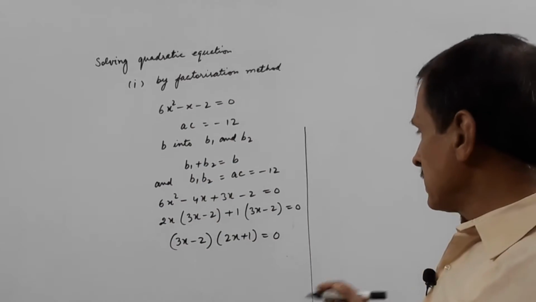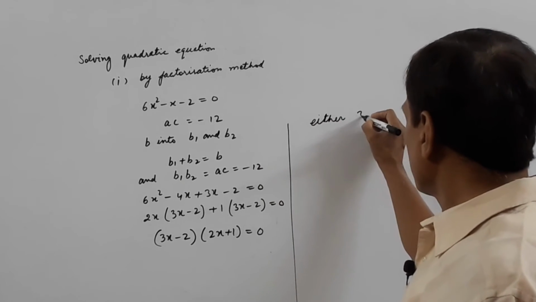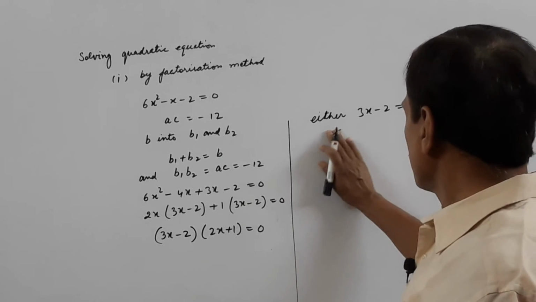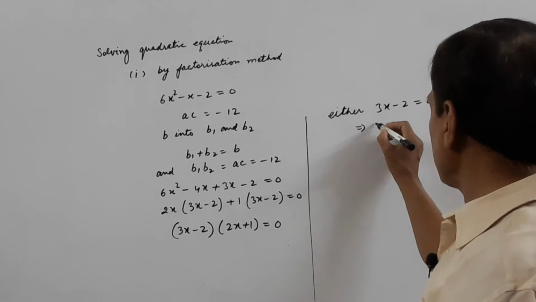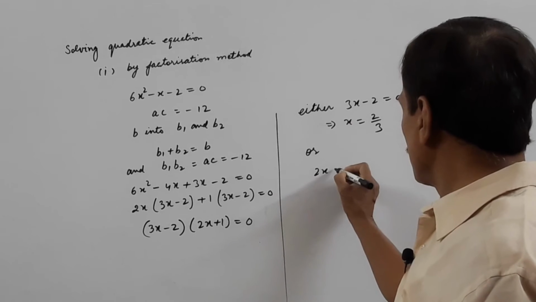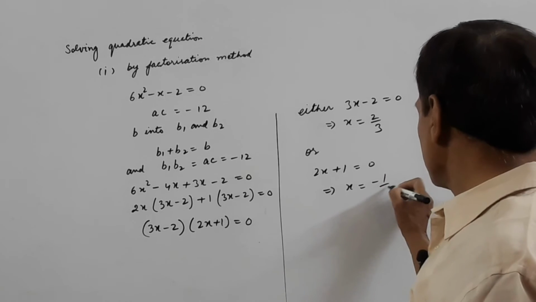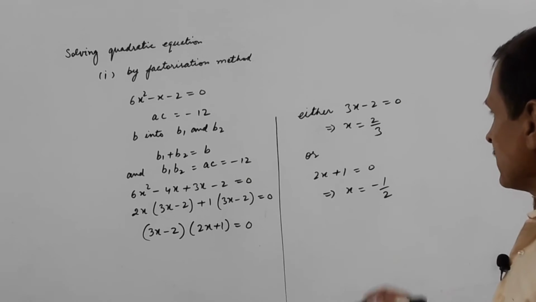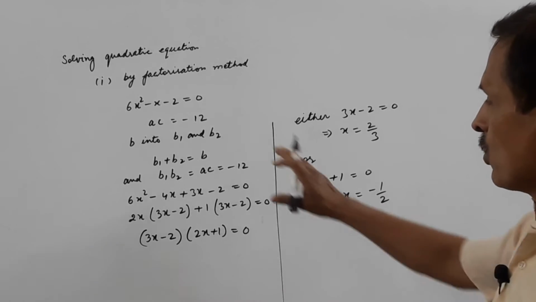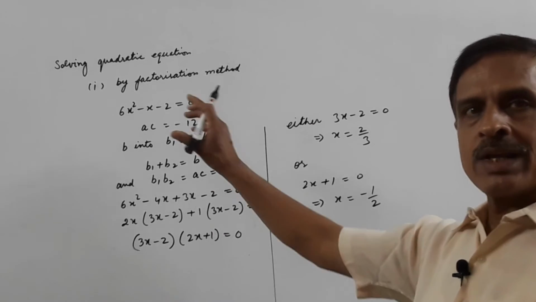It further implies that either 3x minus 2 is equal to 0 implies x is equal to 2 upon 3, or 2x plus 1 is equal to 0 implies x is equal to minus 1 upon 2. Thus x is equal to 2 by 3 and x is equal to minus 1 upon 2 are zeros or roots of this quadratic polynomial or quadratic equation.